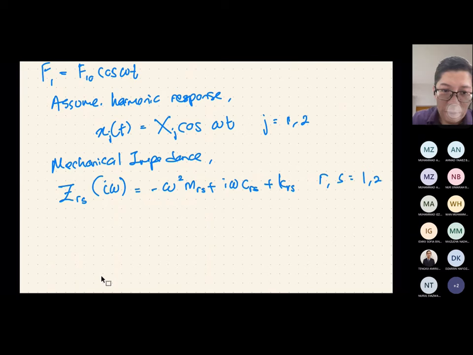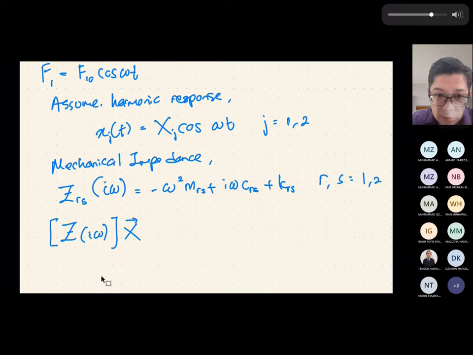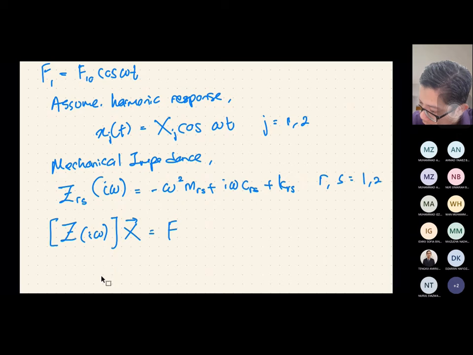Now, we can rewrite the mechanical impedance equation as the matrix of Z of i omega, with the vector of X, equals to the vector of F0.